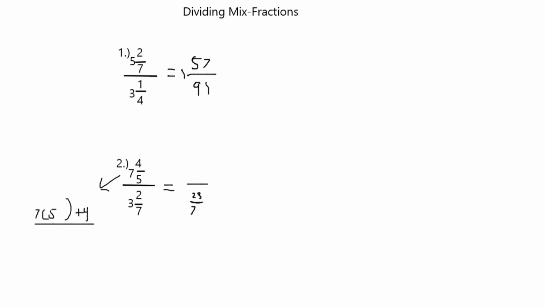Math is easy if you can just keep practicing. So now let's transform this number 2. So there you have it. I'm just doing my best just to make this quick. 35 plus 4 is 39 over 5. So we're just going to add 39 over 5 here.